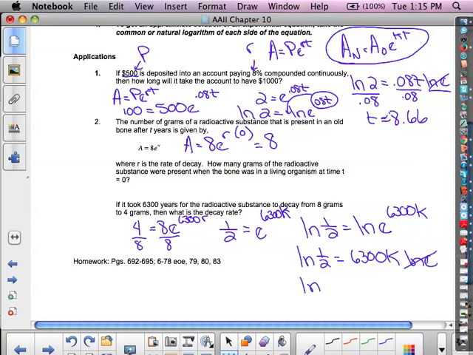So the natural log of 1/2 divided by 6,300 gives me that rate k. It's natural log of 0.5 divided by 6,300. Make sure to close your parenthesis when you're using your calculator on that natural log. And that gives me k is equal to negative 0.00011. It has to be negative because it's actually going down in value.